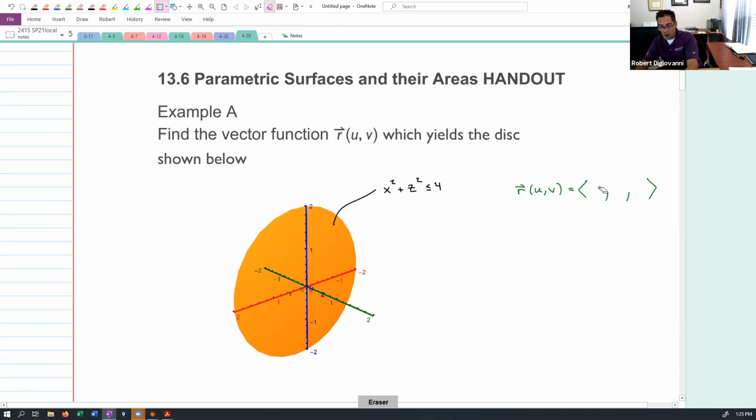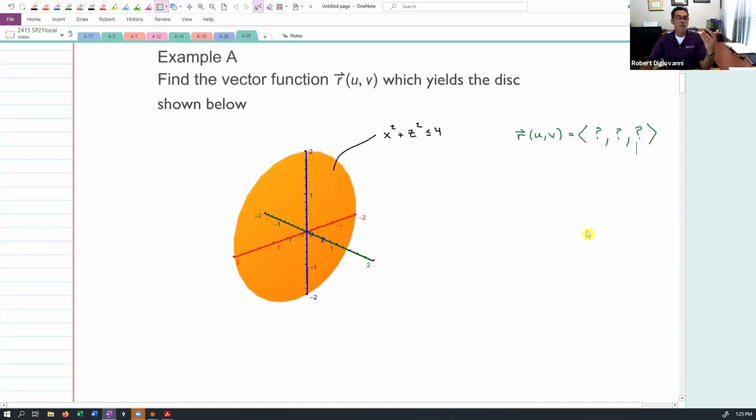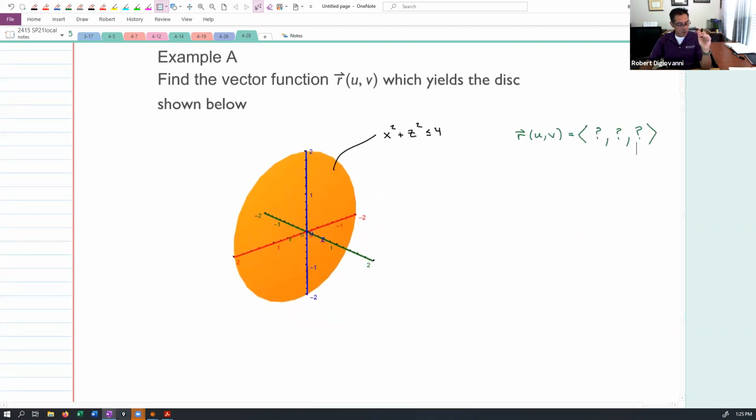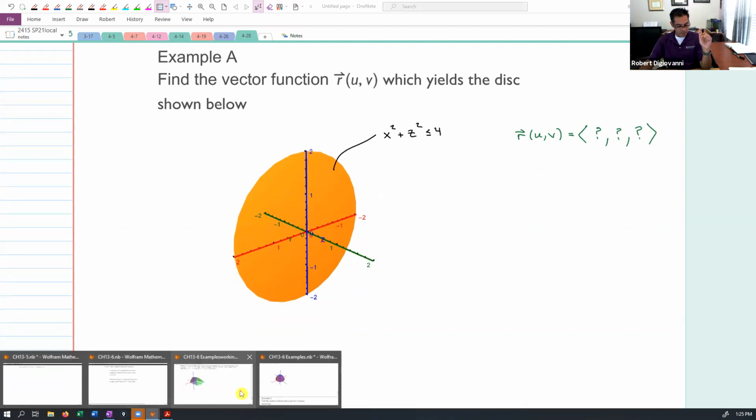So we need to figure out what these component functions need to be in order to draw the surfaces I'm talking about, all right? And I think once we get through this, you'll have a better understanding of how this works.